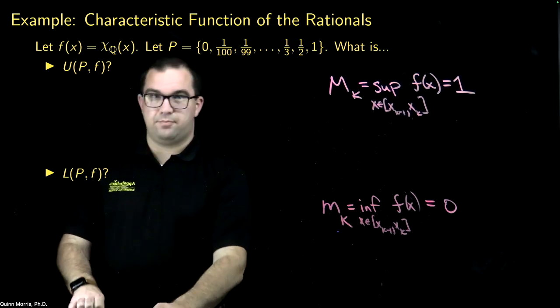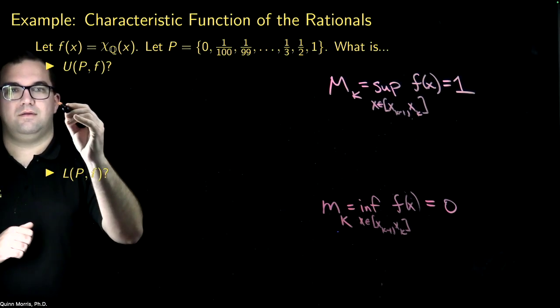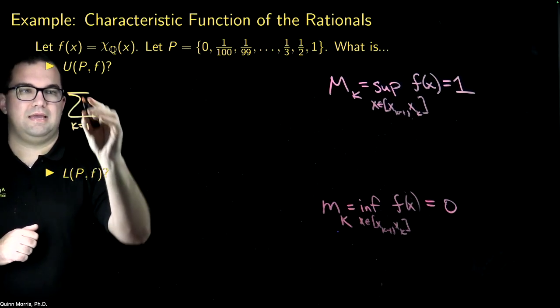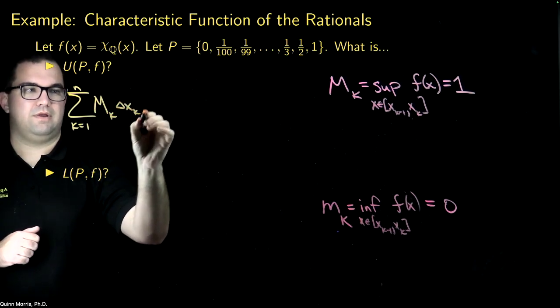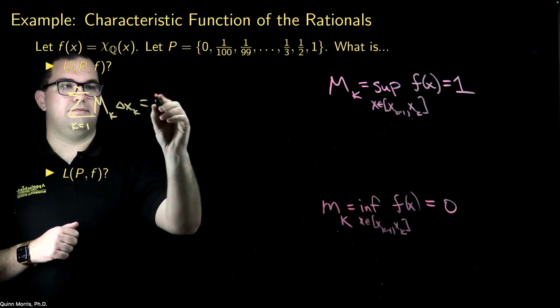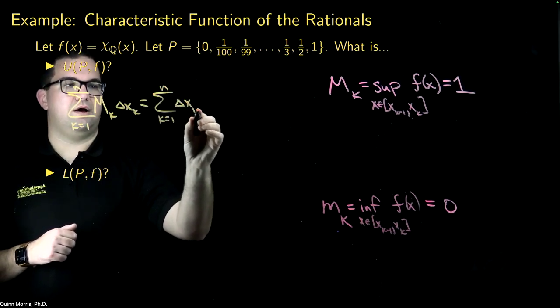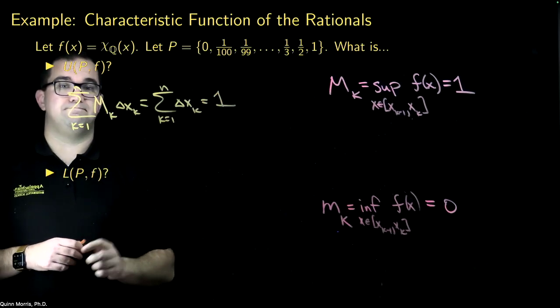So what does that tell us about upper and lower sums? Well, my upper sum, which is defined to be the sum from k equals 1 to n of capital M sub k times delta x sub k, these are all just 1. So this is just the sum of the delta x sub k's, which is just going to be the length of my interval, which is 1.